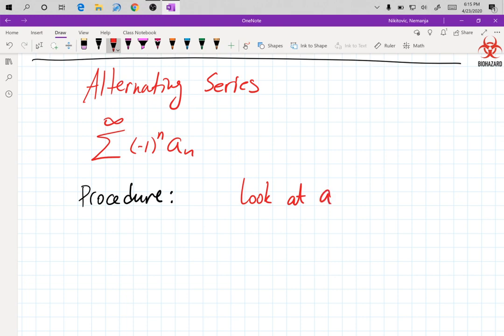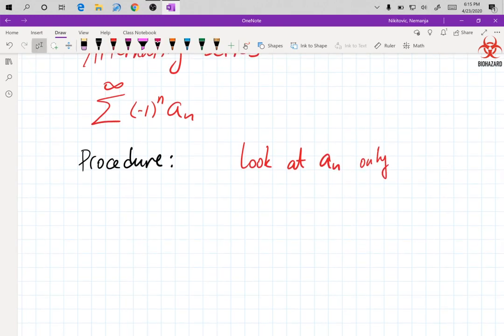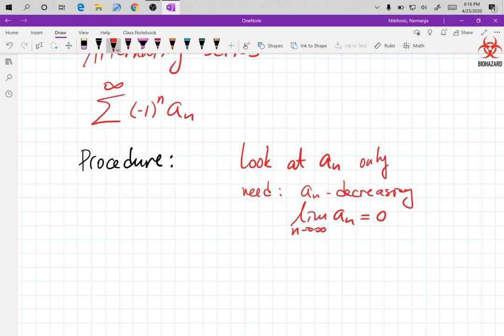Look at a_n only. We need a_n decreasing and the limit of a_n as n goes to infinity equal to 0.